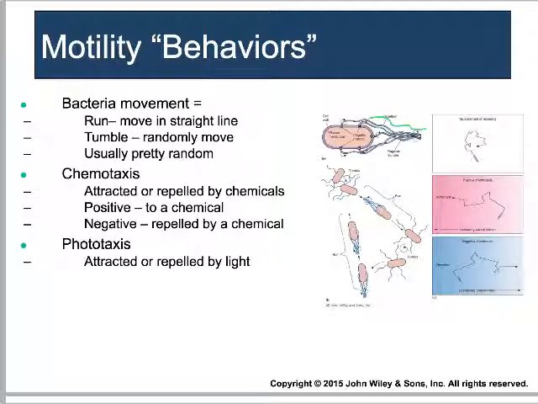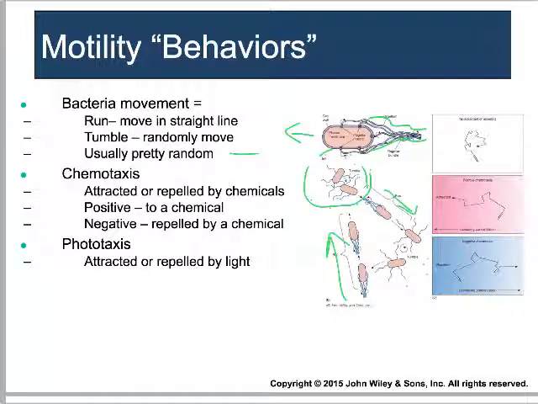All of the flagella get their act together and push the cell forward in a direction, and that's called running. Then the flagella lose it and don't have their act together, and the bacteria are just tumbling around. So they'll tumble and then they'll run, and then they'll tumble and then they'll run. Most of the time it's random.